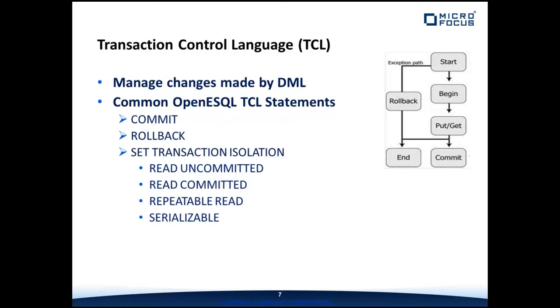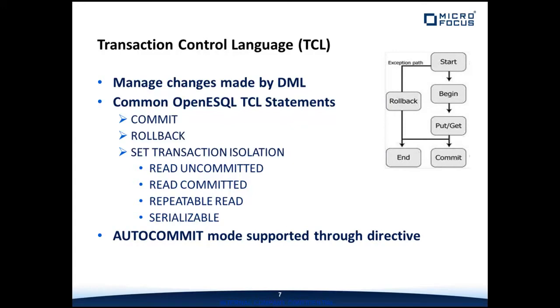You can also set the transaction isolation level to control the level of locking, which is done between transactions to ensure data integrity. Auto commit mode can be turned on using either a compiler directive or with the set auto commit statement, which forces a commit to be done automatically after each statement is executed. These statements are also fully covered in the Visual COBOL help documentation.